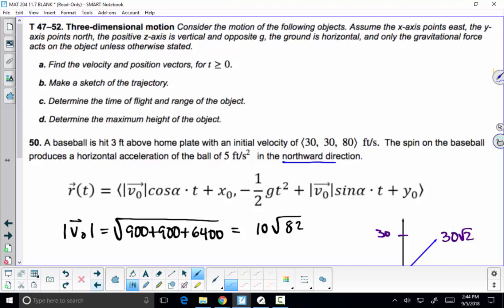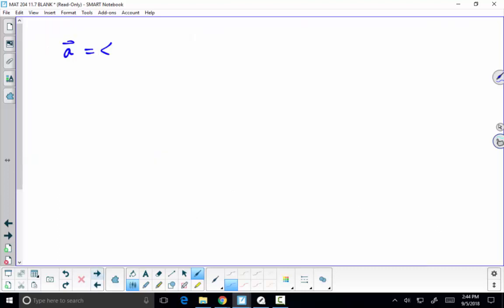So our acceleration vector then is 0.5, negative g, 0.5. Everybody agree? Okay. So this is east, north, and up. East, north, and up. Sorry about that, I got tangled up on that one.